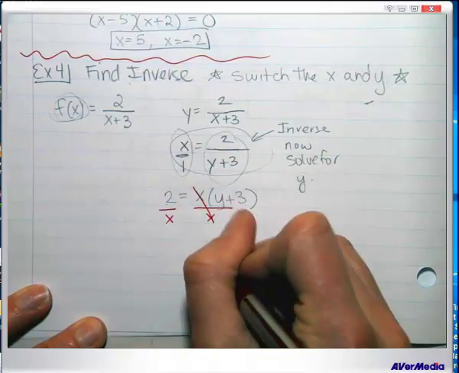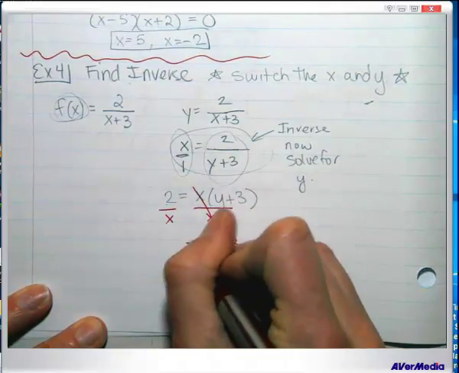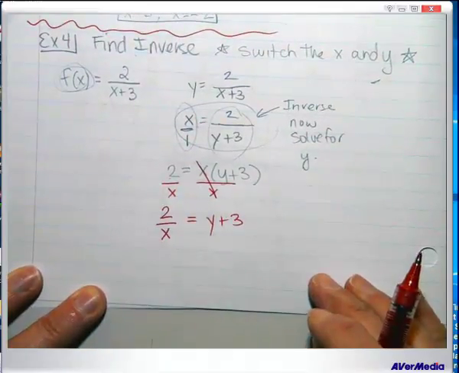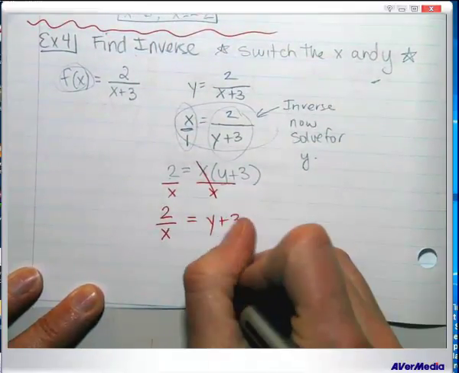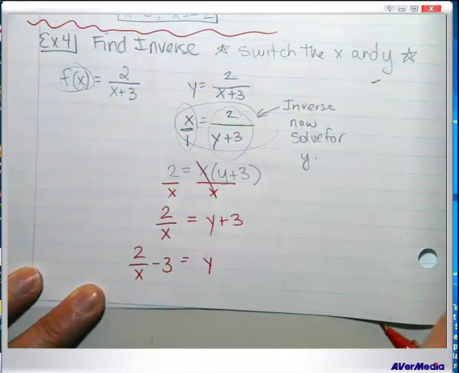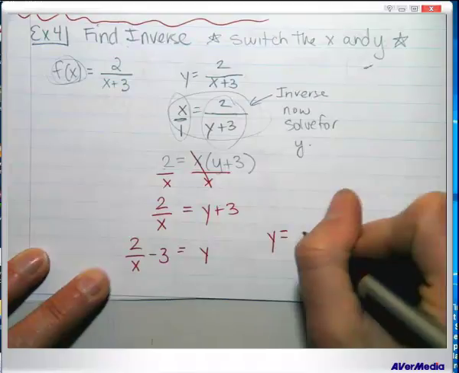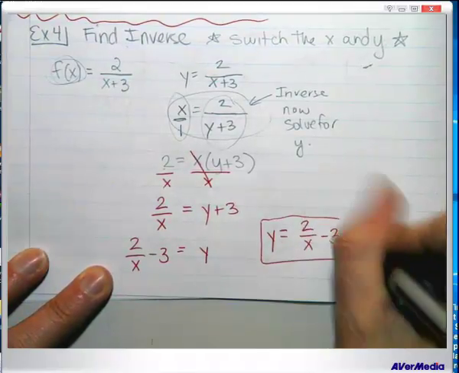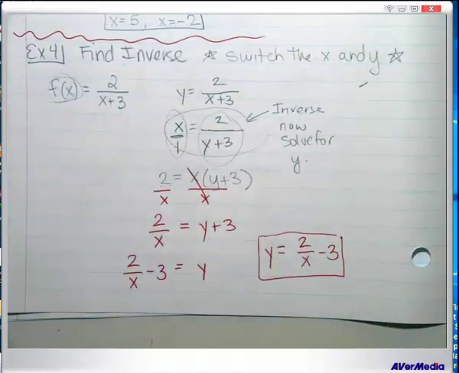So we get y plus 3 equals 2 divided by x, and then subtract the 3. So y equals 2 divided by x minus 3. Or you can write it with the y first. There's our inverse function. It is a function.